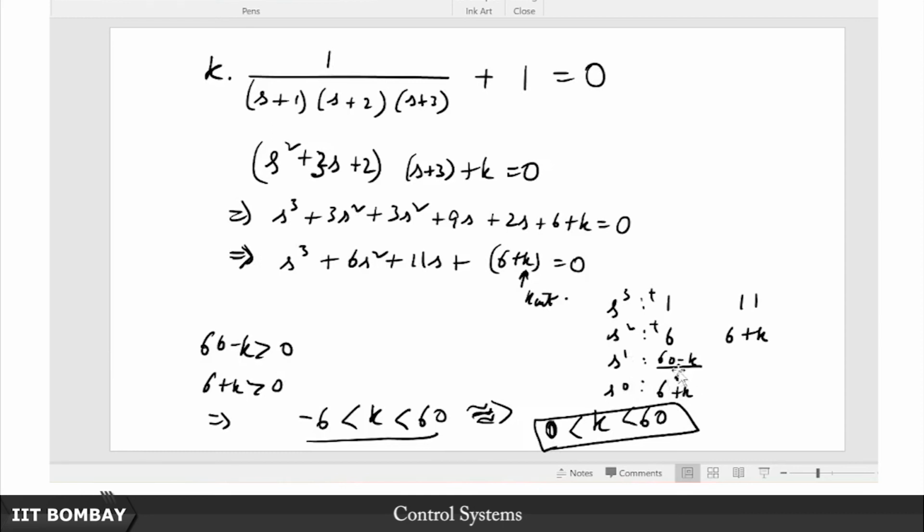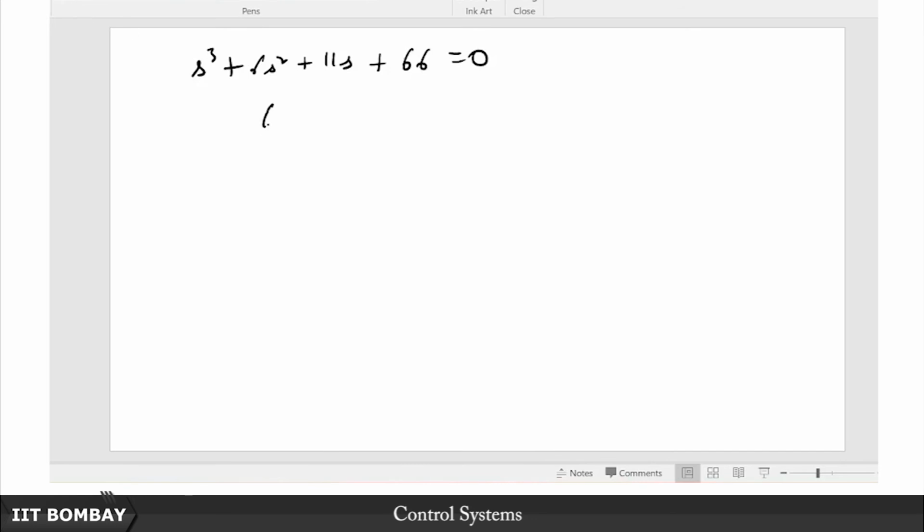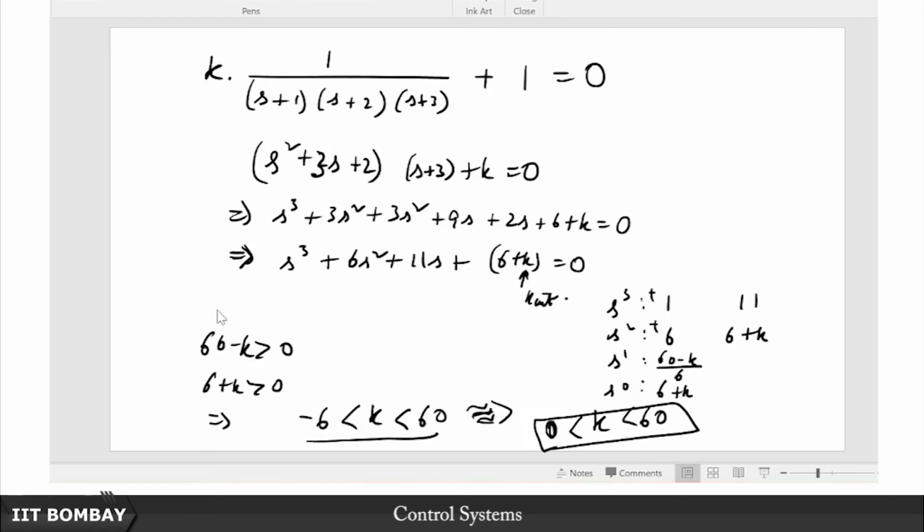What happens at K equal to 60 is a row of all zeros, and if I get a row of all zeros, then the preceding row gives me that factor polynomial, the so called auxiliary polynomial. So what is the auxiliary polynomial? The auxiliary polynomial is 6s squared plus 66 equal to 0, and whatever is a root of this auxiliary polynomial is also a root of the original polynomial.